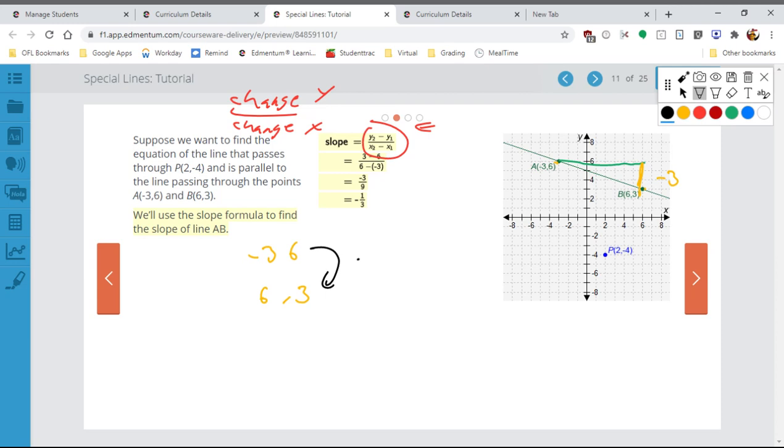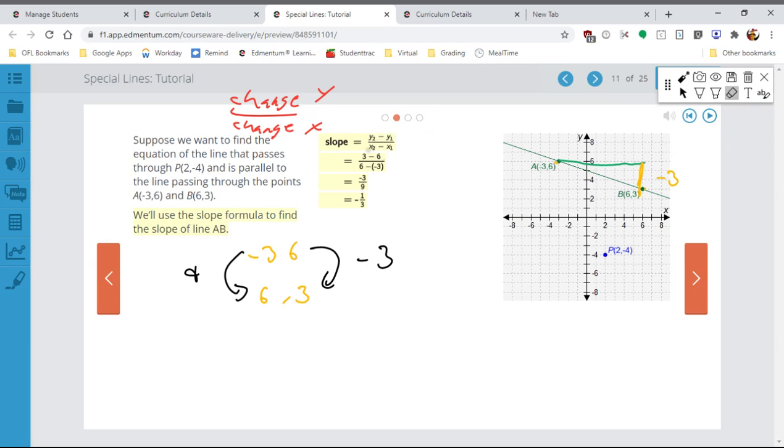You're like, how far did I go? I went down 3. What did I do here? I ran 9. So that's how they're getting this -3/9. It's the change in y. So that's all this complicated looking formula is. This formula right here for a slope, it's our change in y.